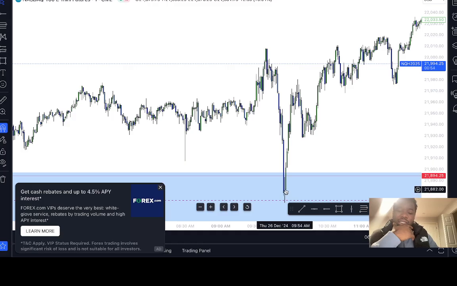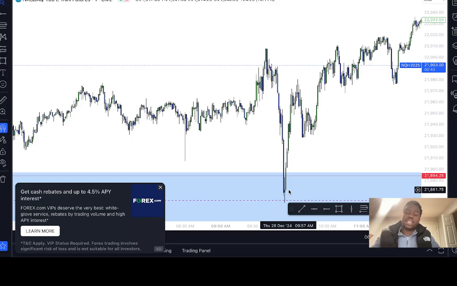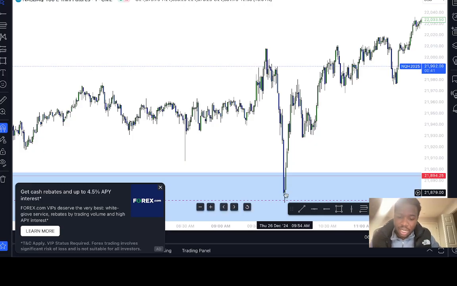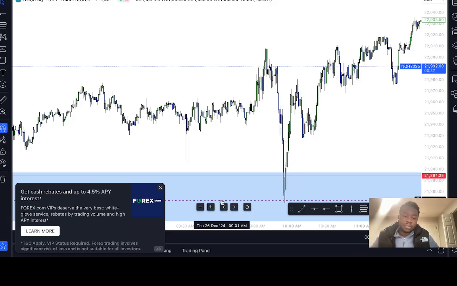Our time for trading is 10 o'clock, but as you can see in the 9:50 macro, which would just be between the time period of 9:50 and 10 minutes after 10. In that time period, we see displacement to the upside.